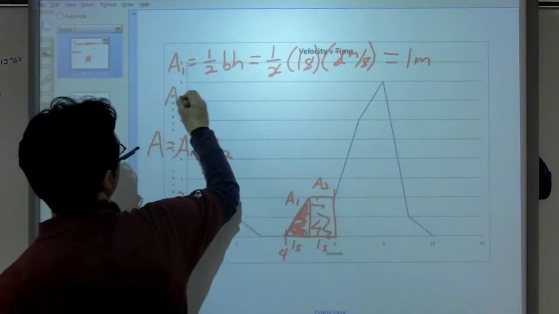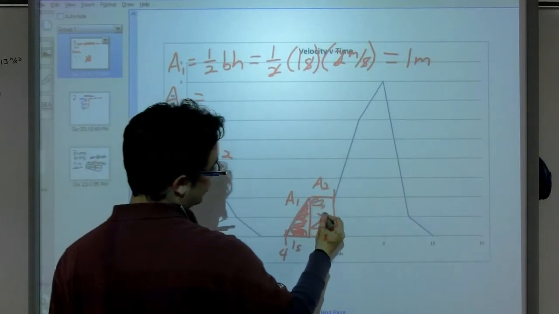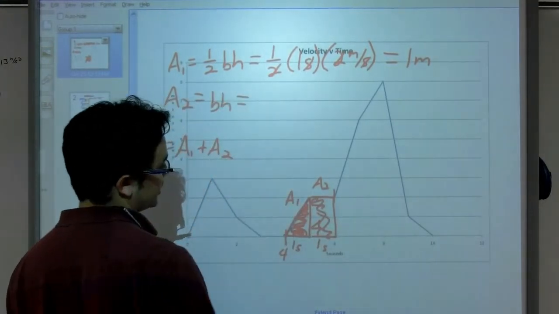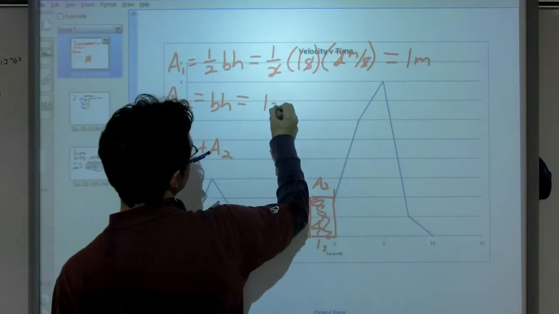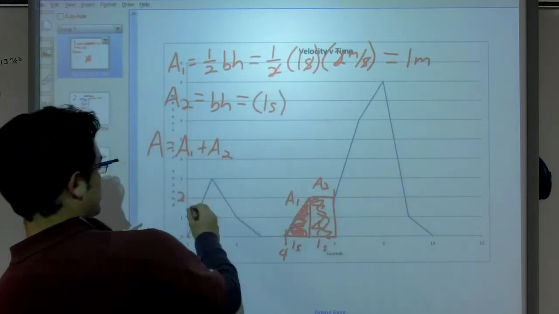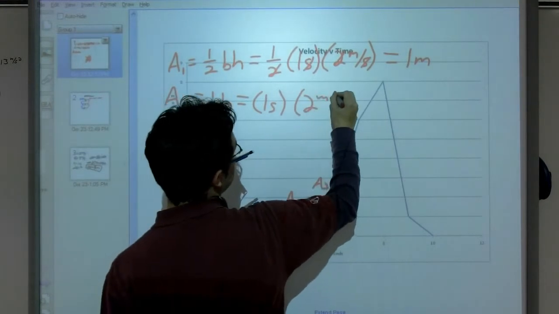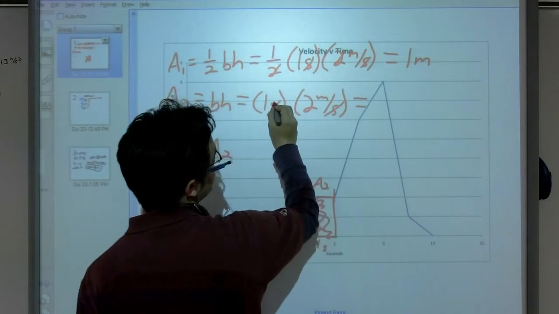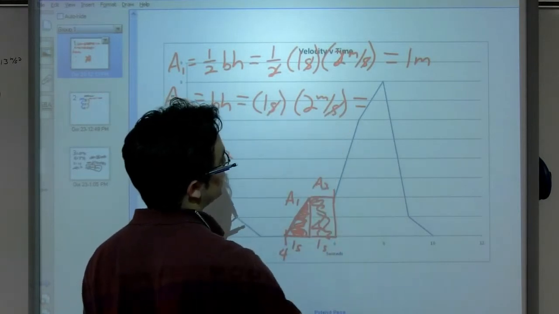All right. My second area, this rectangle, the area of a rectangle is base times height. And my base is 1 second, times my height, which is still 2 meters per second. Seconds cancel out. Well, second and then divided by second.